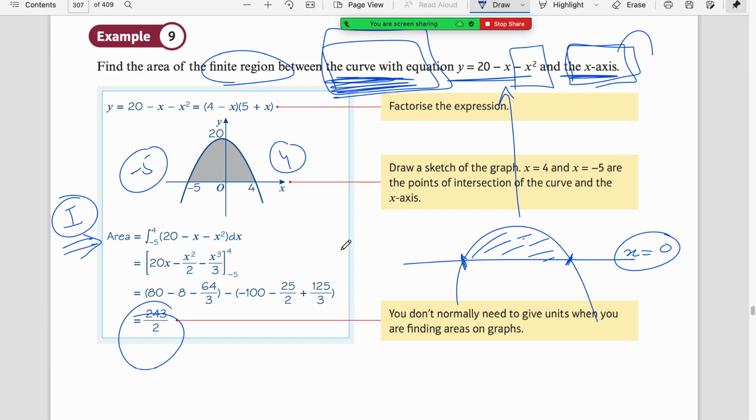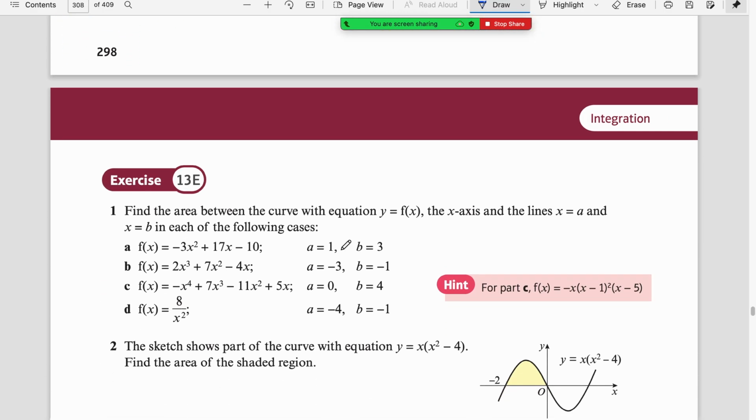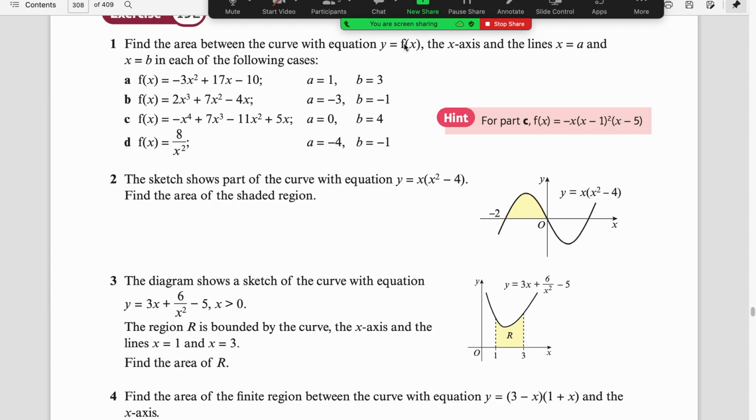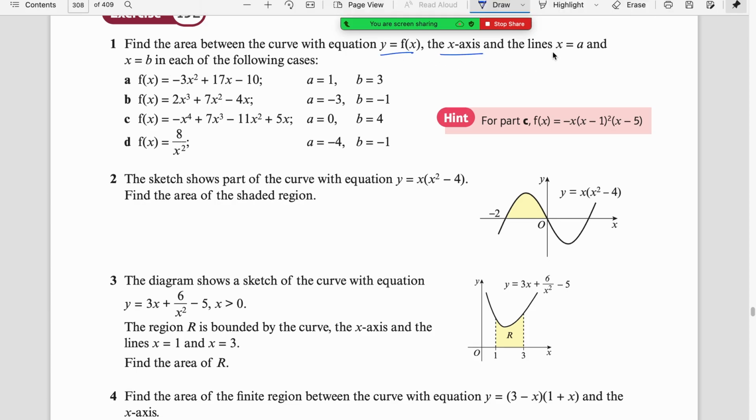What would be different in every question is the difficulty level. Concept is same. It says find the area between the curve, x-axis and these two limits. So whatever the question is, I'll say area is equal to integral. Let's suppose we're talking about the first one. So minus 3x square plus 17x minus 10 from 1 to 3 with respect to x.